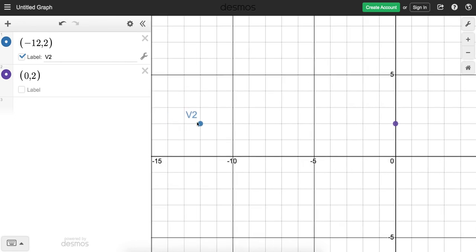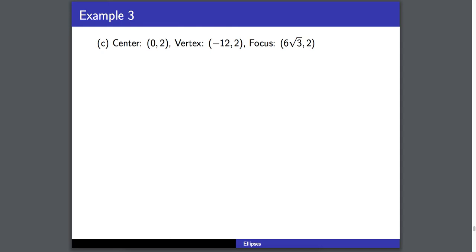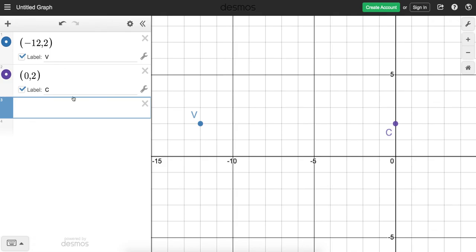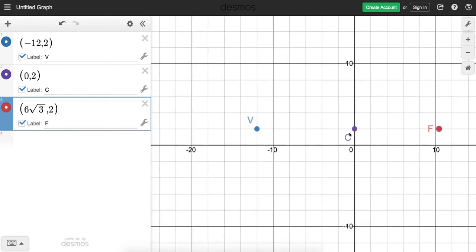And then we're not using this anymore, so let's see what we have. So here's our vertex. Here's our center, so I'll just label that C for center. In fact, I don't even need the V anymore. And then my focus point is at 6 square root of 3, 2, which is actually going to be over here.